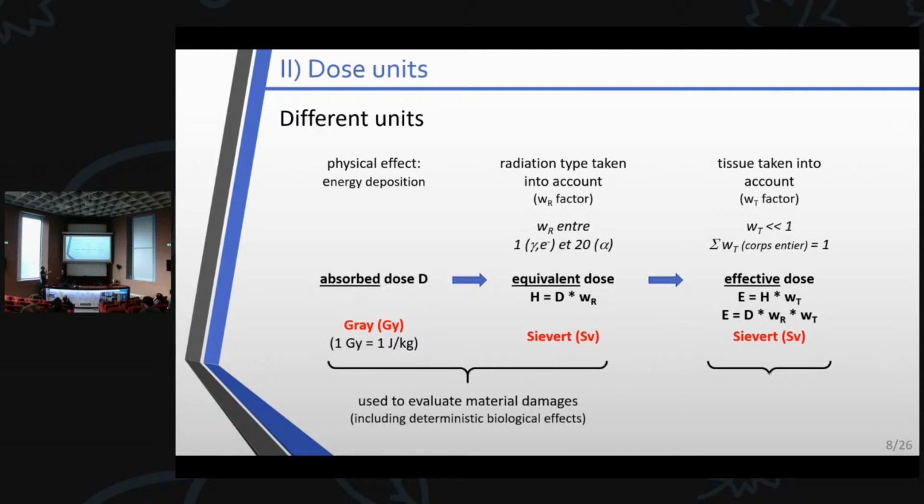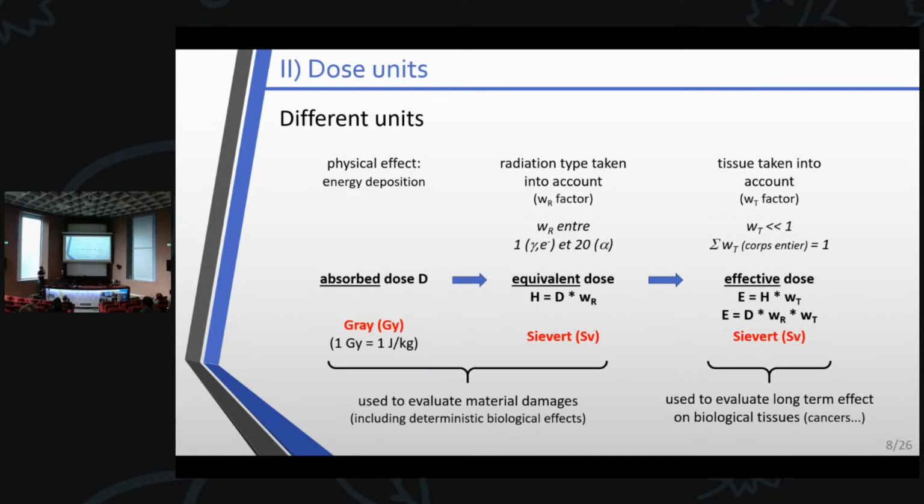In fact, these two doses are useful to evaluate material damage, either inert material or biological tissue. And this damage enables us to know what will be the deterministic effect on biological tissue.